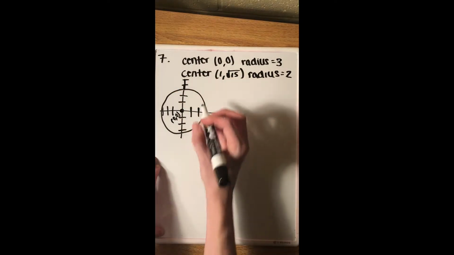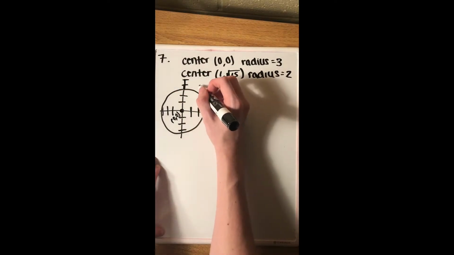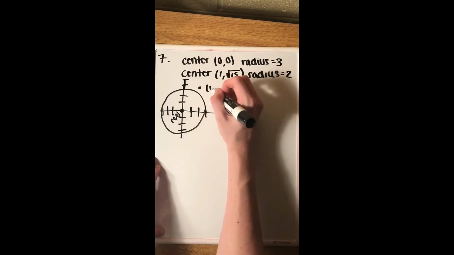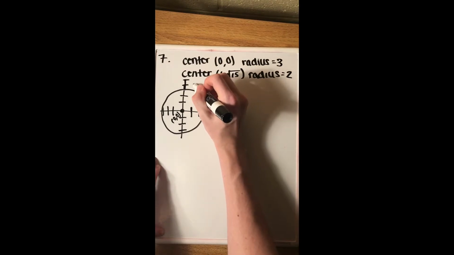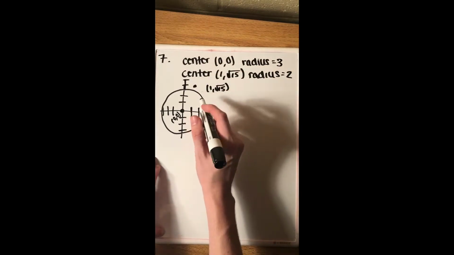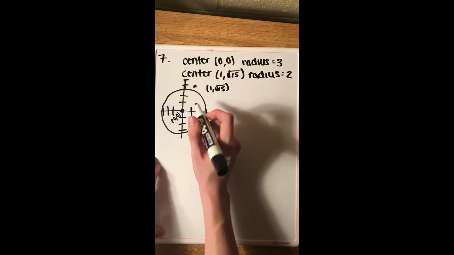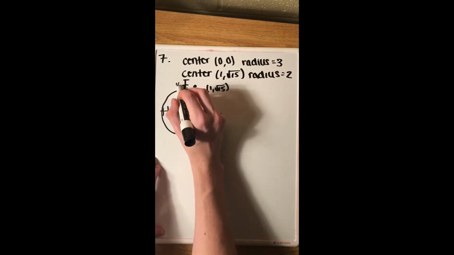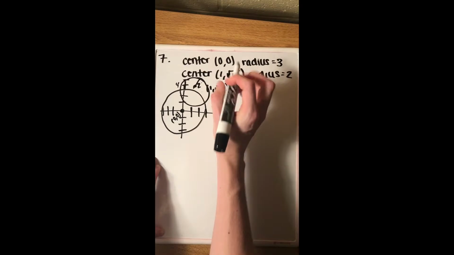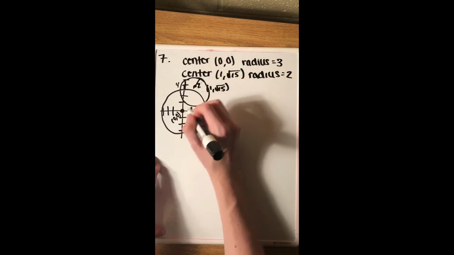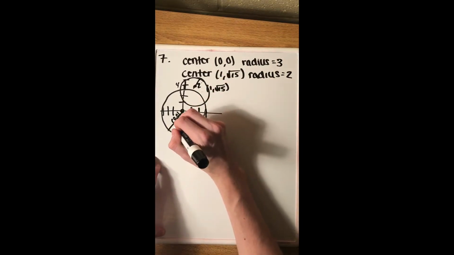And then the second circle has a center of 1, radical 15. Oops. Should be right over here, just below 4. And it has a radius of size 2. And this has a radius of size 3.